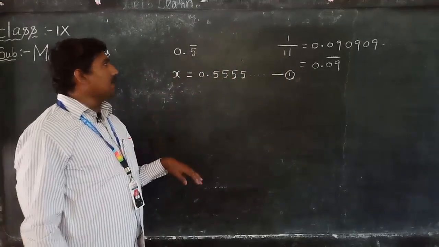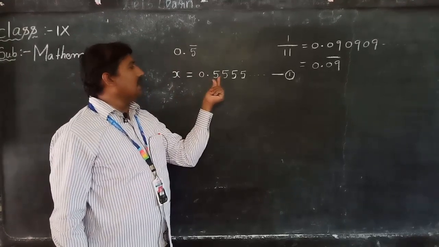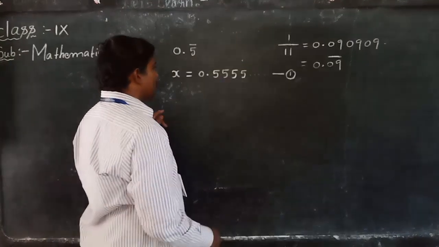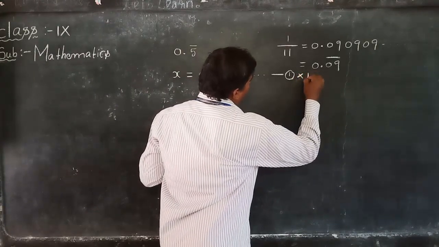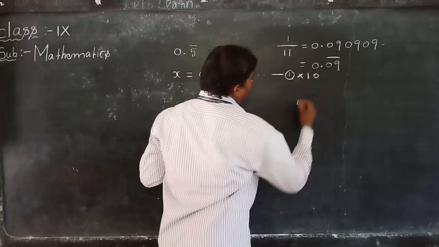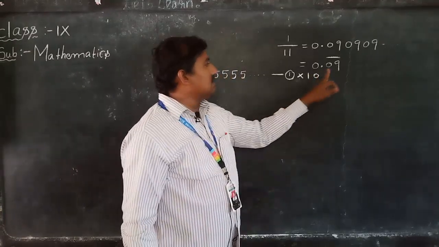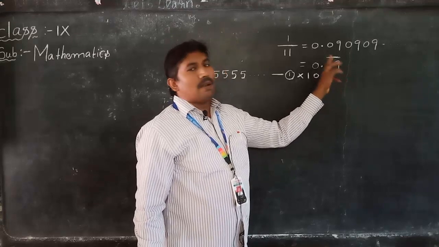After that we multiply by a power of 10 depending on how many values are repeating. Here only 1 value is repeating, so we multiply with 10. If 2 values were repeating, we would multiply with 100.